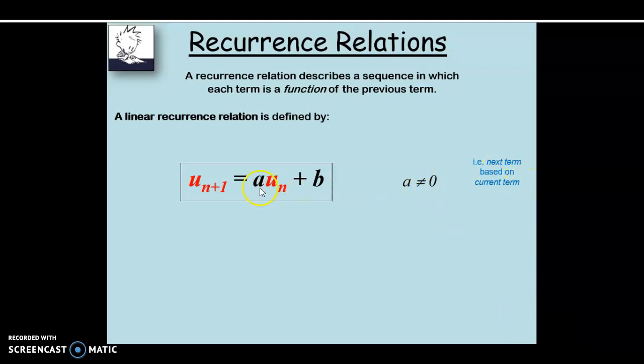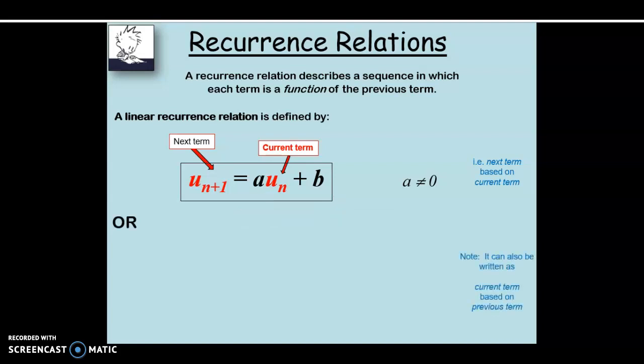And this is where the A and B are values, right? But A cannot be 0. So here un plus 1 is the next term. Un is our current term. A is going to be our multiplier. And B is just a term you're adding or subtracting.